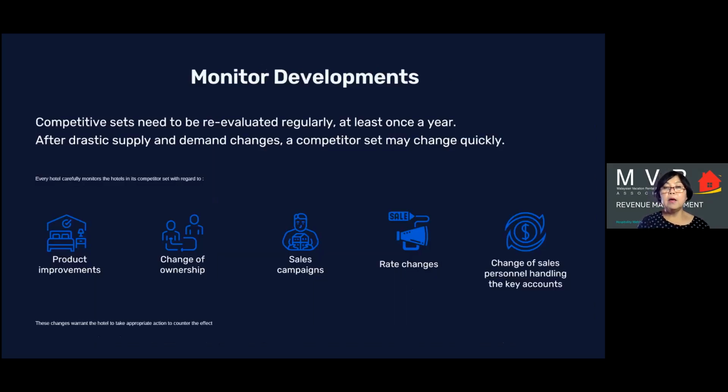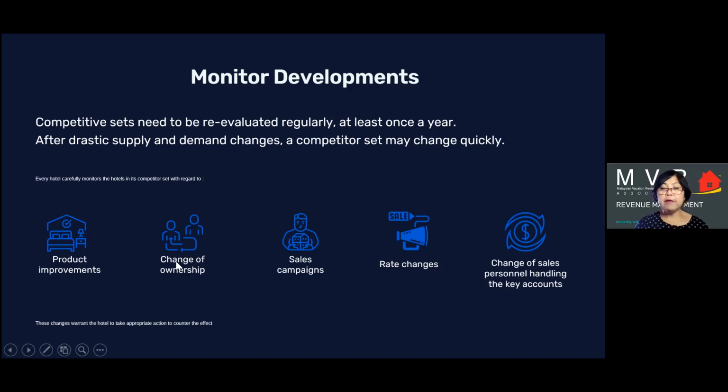So you have to monitor your competitor and evaluate regularly, even if only once a year, but you can even do it every half year. There may be some product improvement your competitor is doing. With COVID, post-COVID, they may put in certain things, and the property may have a change of ownership.